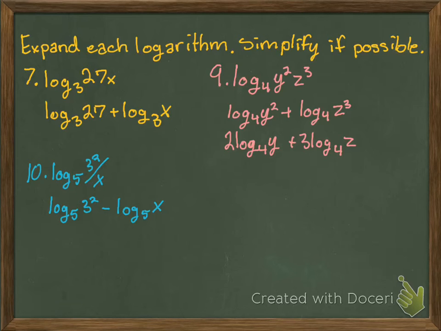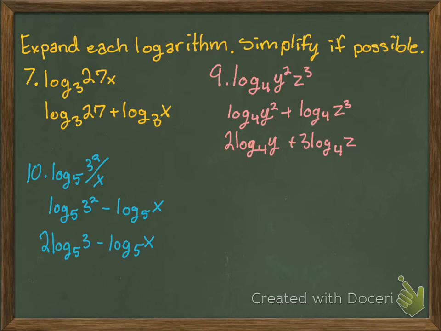It has an exponent. So where does it go? To the left, in front of everything. So 2 log base 5 of 3 minus log base 5 of x. There you go. And that's it on number 10.